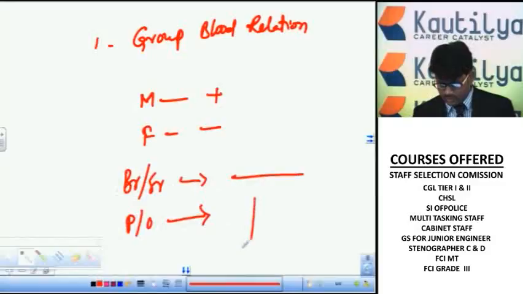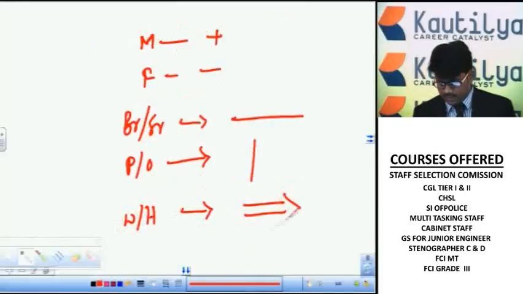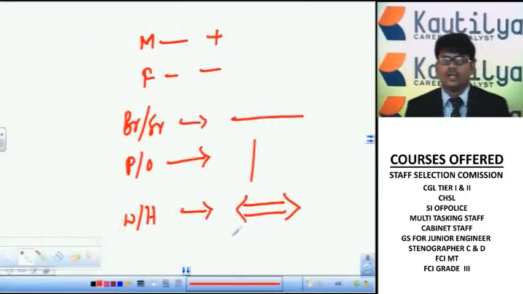We have to remember these points when solving group blood relation problems. To repeat: male is plus, female is minus, brother or sister by a horizontal line, parent and offspring by a vertical line, and wife or husband by a double implies line.